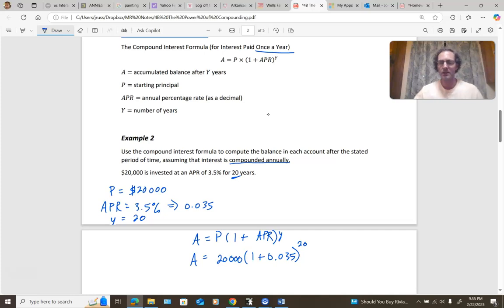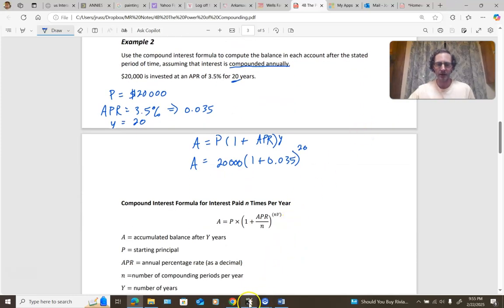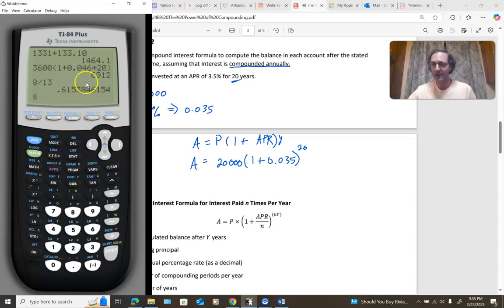So we're raising this to the 20th power. All right, so I'm going to get my calculator. Let me reiterate that having this calculator app on your phone is really going to help you with these, because all I have to do is plug in exactly the way it's written, and it'll calculate it for me.